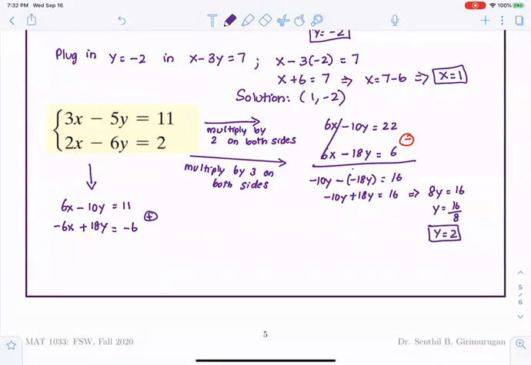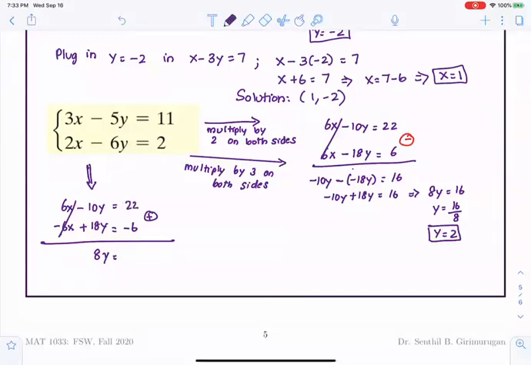Would it be wrong to stick with addition and do it the way I did right over there? Absolutely not. In this case, if I simply add it, I would still get rid of the x's. I will have negative 10y plus 18y, which is 8y, and 11 minus 6. Oh, I made a mistake. Excuse me, that should be 22.